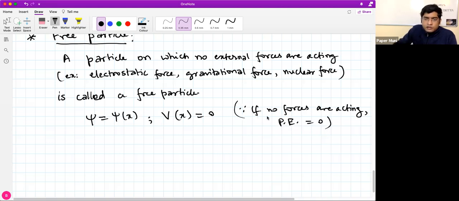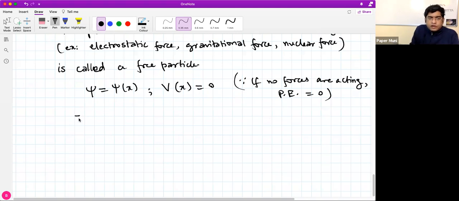So we are solving only the time independent part, which is why we wrote the wave function as a function of x only.